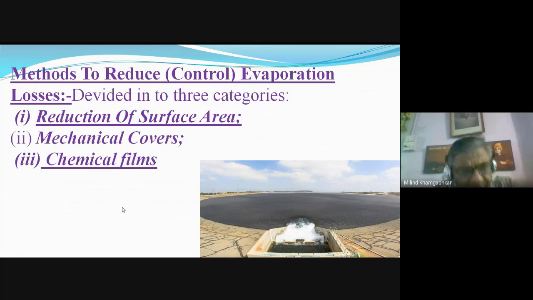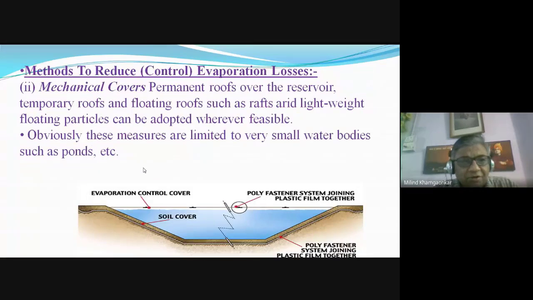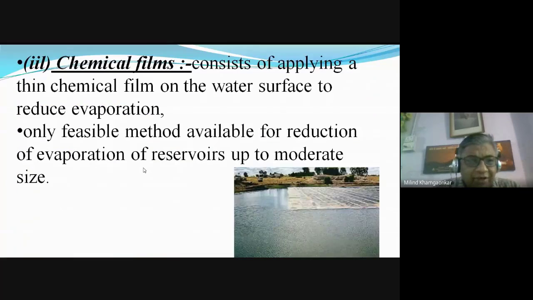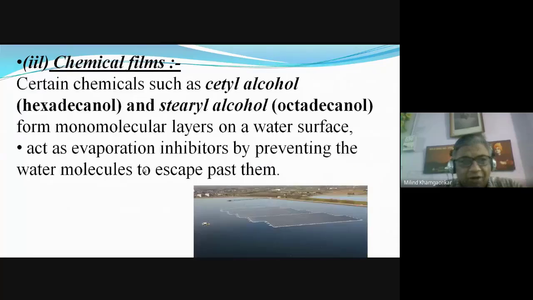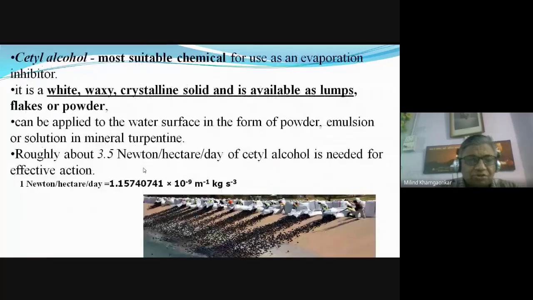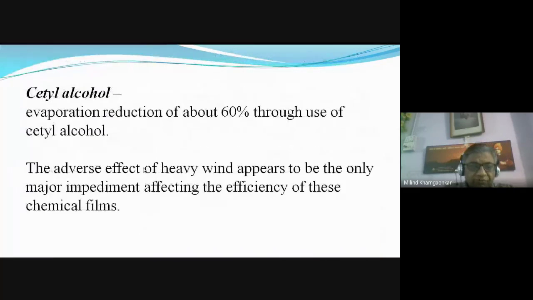But there are various methods to reduce evaporation losses: reduction of the surface area, mechanical covers, and chemical films. So either by providing mechanical covers, or by increasing the depth of water, or by providing chemical films, we can reduce the evaporation losses.